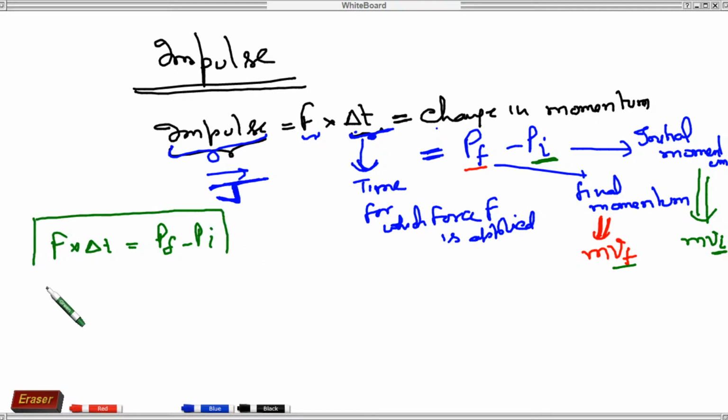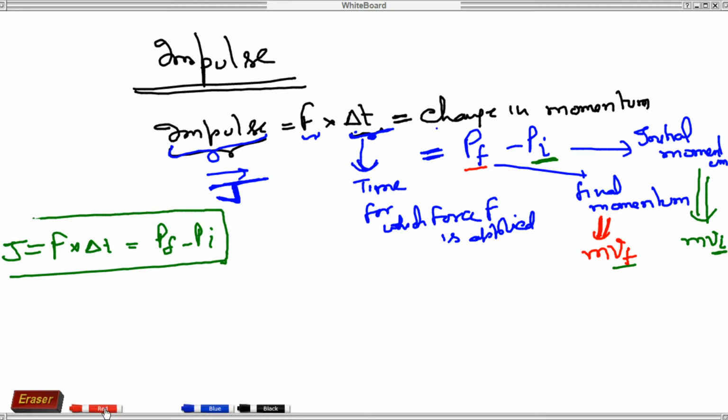So this is what we discussed earlier. Now let us see some scenario.